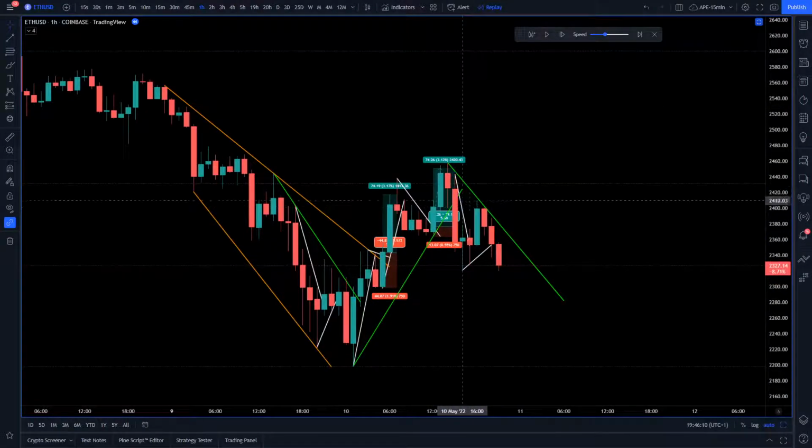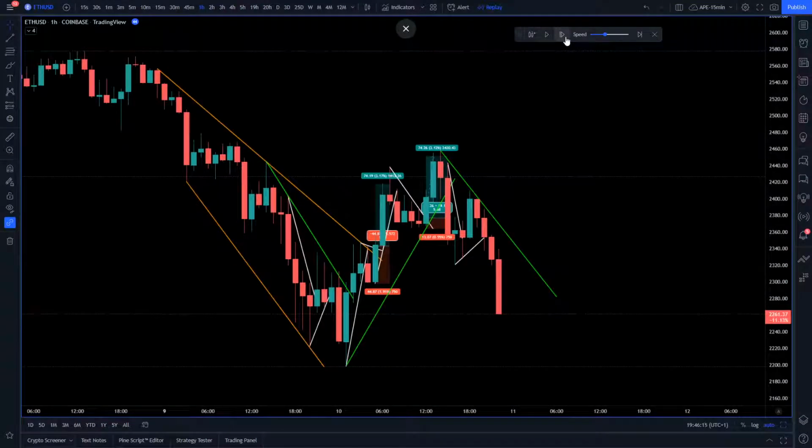I'm expecting a bear flag. That means this could be the higher low of the green line that is produced for the orange uptrend. So let's see.